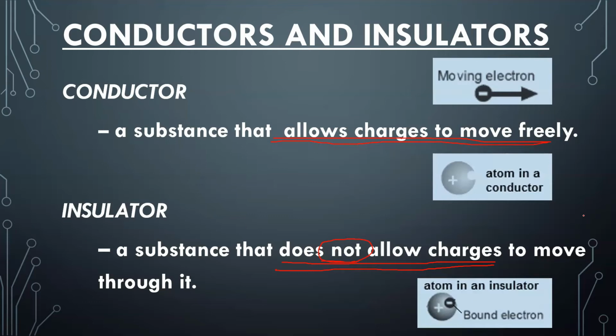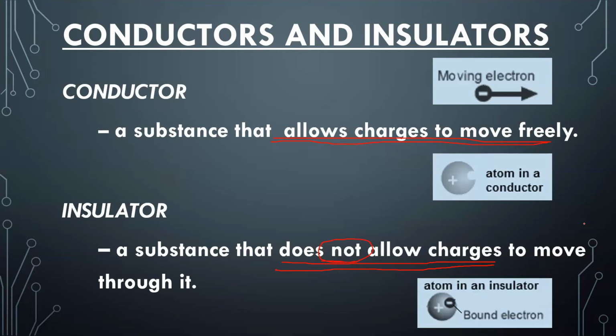Why do we have to block these charges from moving outside the copper? It's because if you touch the copper, which has flowing charges, then these charges may flow to your body.